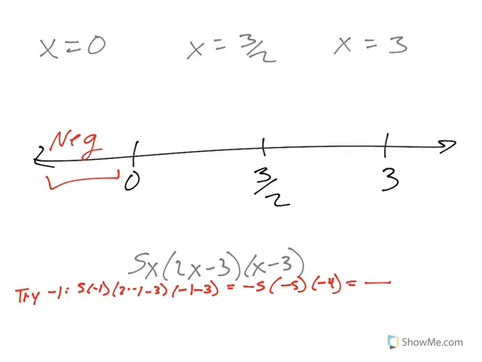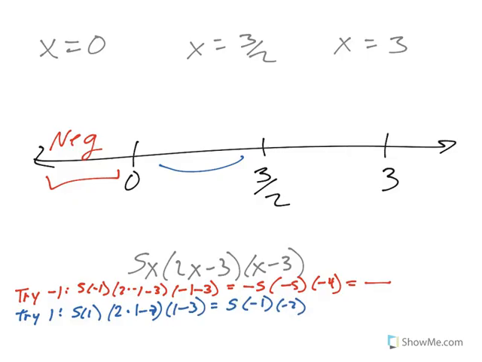Now on the next spot, let's try +1. So 5 times 1, 2 times 1 minus 3, 1 minus 3. That gives me 5 times -1 times -2. Two negatives is a positive. Now between 1 1/2 and 3, let's try 2. So 5 times 2, and then 2 times 2 minus 3, and 2 minus 3.